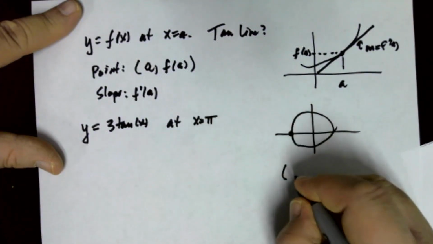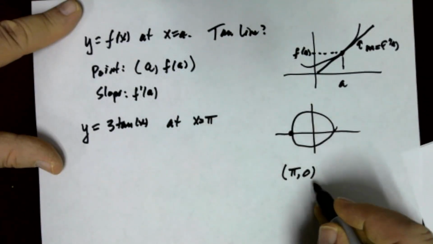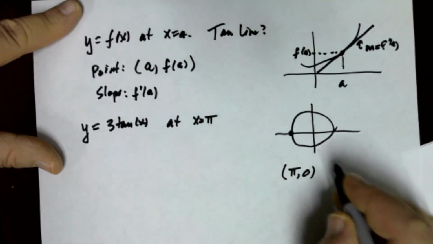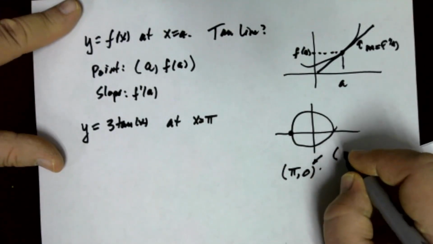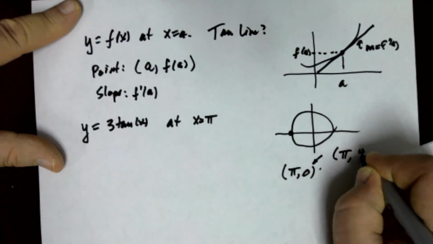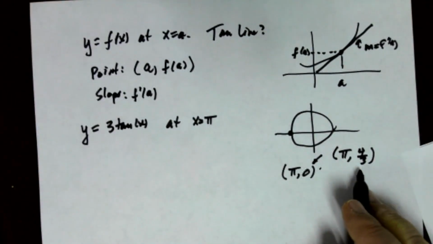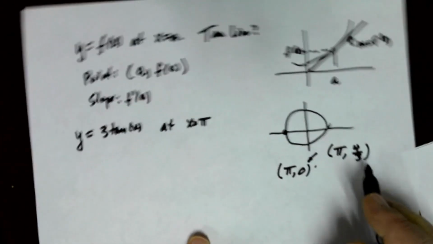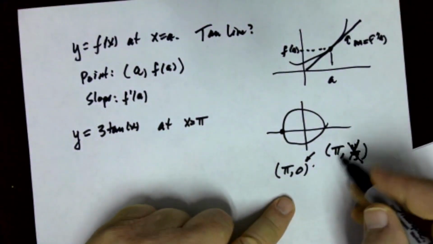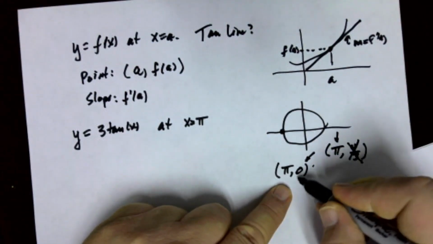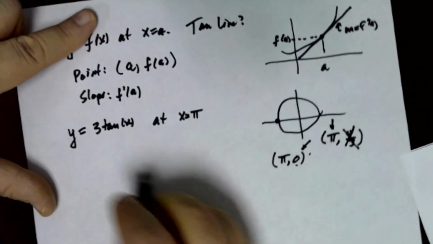So if we want to use the point pi, the point that we would be going through is actually pi, 0, right? Notice that was an error in the notes, because the question said that we wanted to go through the point pi, 4/3, but you see this was the error here. And so if we want to choose pi for our value, then the line will have to go through pi, 0. Okay.